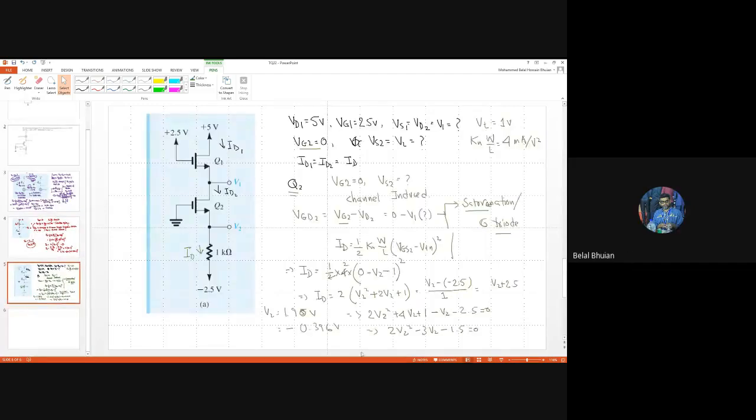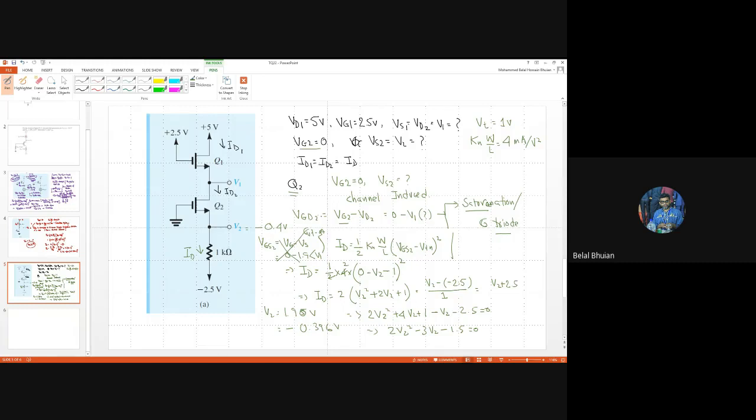If I select the first value, then VGS2, which is VG minus VS, which is 0 minus 1.9, is less than VT. That means cut off, unacceptable.